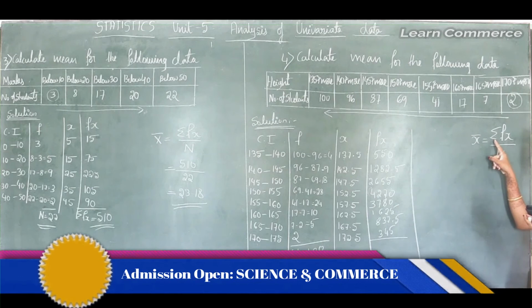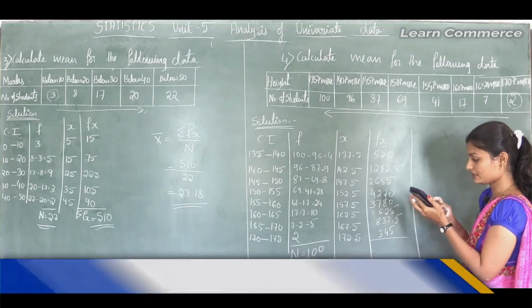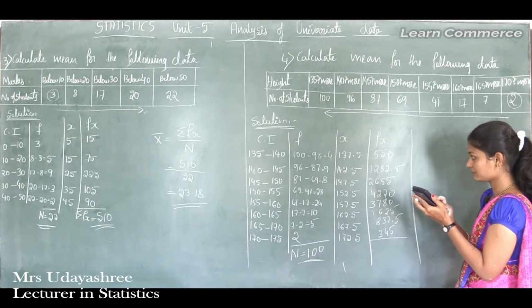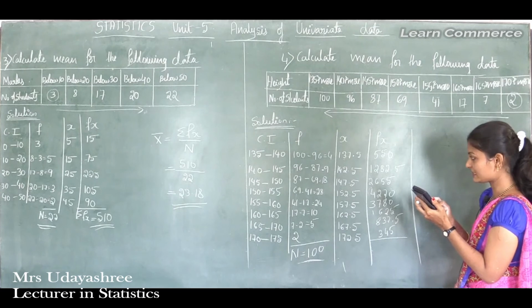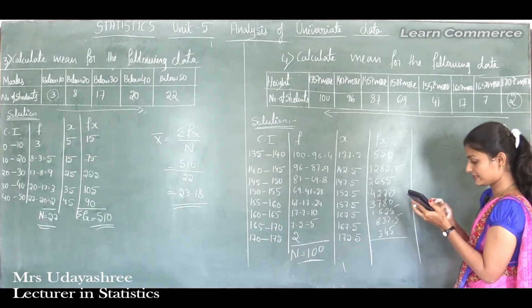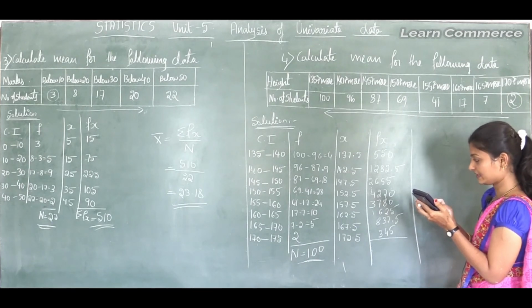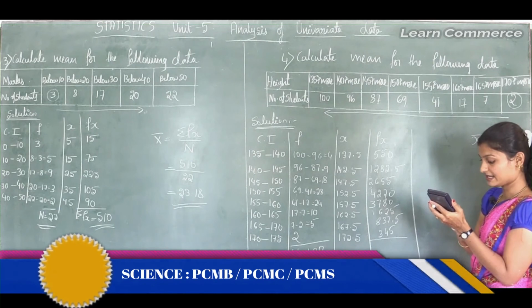So see the formula. Here we need the sum of f into x, so we need to total these f into x observations. That is, first 550 plus 1282.5, then 2655 plus 4270 plus 3780 plus 1625 plus 837.5 plus 345.